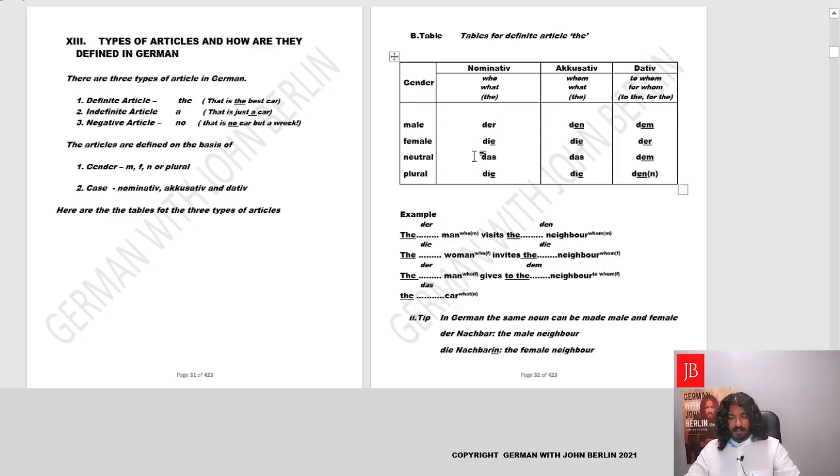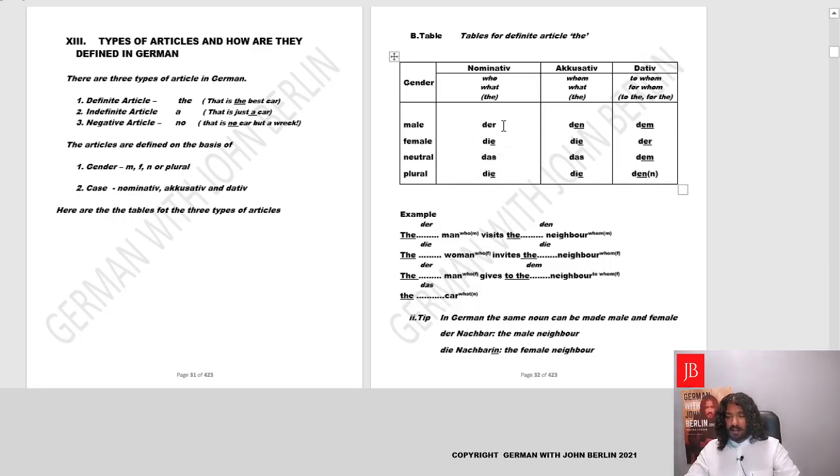The man does the action. If it's any feminine person or noun doing the action, it'll be die. Anything that's neutral doing the action will be das. Anything plural doing the action will be die.